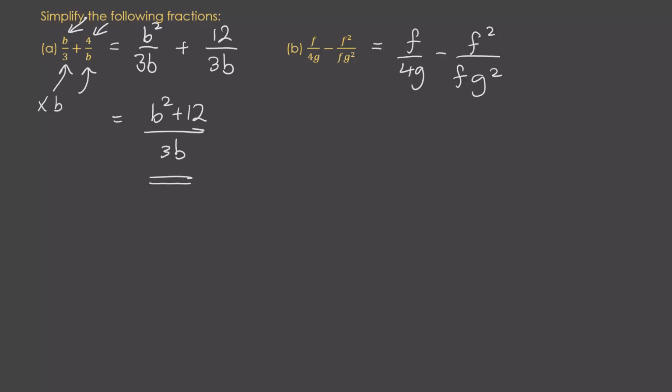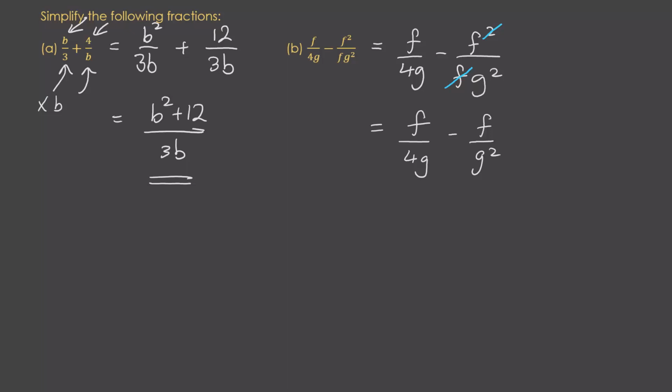And note we have an f in the numerator and the denominator of the second fraction. So I can actually cancel here the f on the bottom with one of the ones on the top. Now if I just tidy that, I now have f over 4g, take away f over g squared.